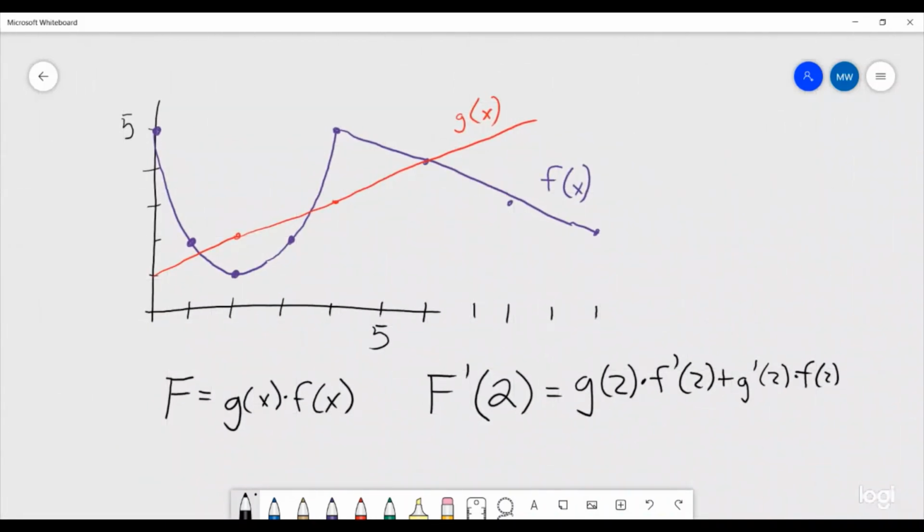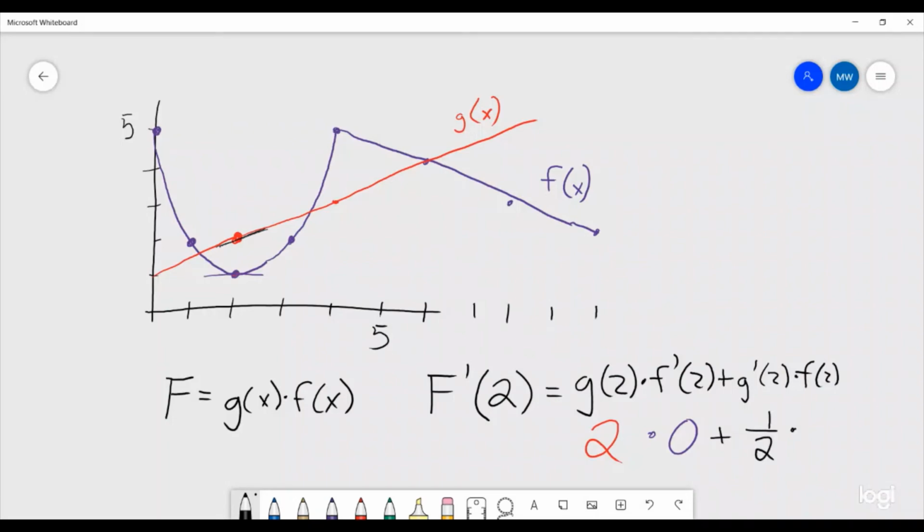Well, g of 2 is going to be this point right here, so g of 2 is 2. And then f prime of 2 is the slope of f at this point. And that is just going to be this horizontal tangent, so the slope is going to be 0. g prime of 2, that's the slope at this point here, and that's the same as the slope of g of x, which is a slope of 1/2, because it rises 1 every 2.